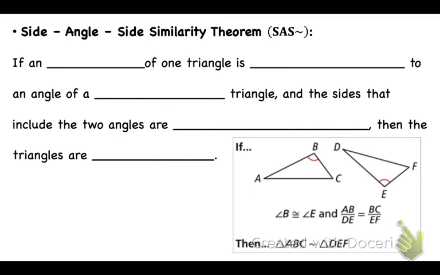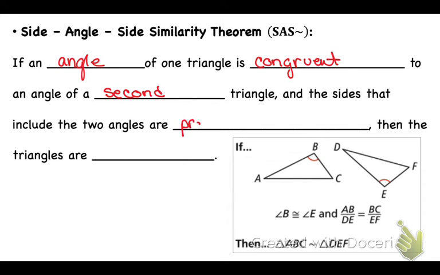So, what do you think? If any angle of one triangle is congruent to an angle of a second triangle, and the sides that include the two angles are congruent, not congruent, how about proportional?